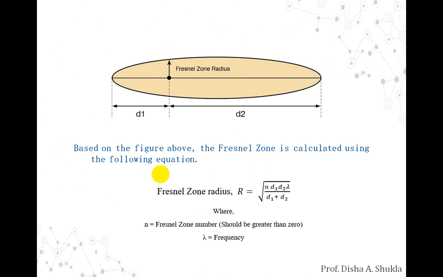See, based on the figure above, the radius of the Fresnel zone ellipse can be calculated using this formula, where n is the Fresnel zone's number. That is, which particular ellipse you are talking about, and it should always be greater than 0 for obvious reasons.